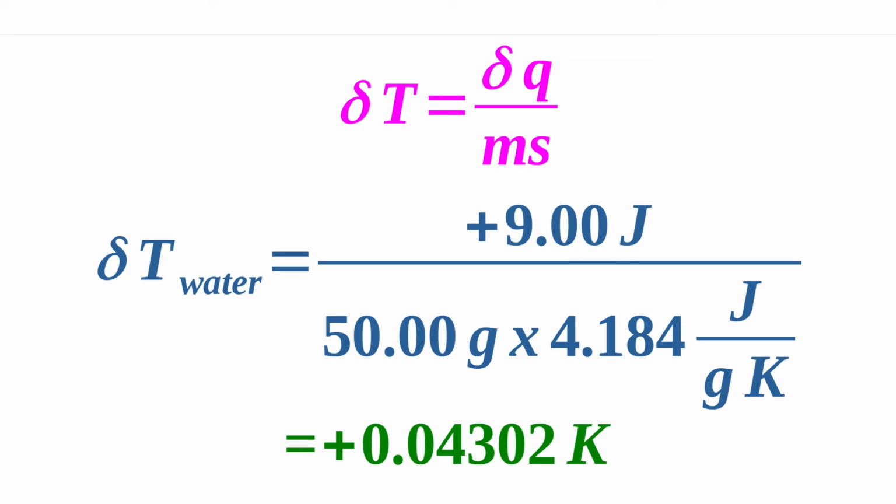The magnitude of del T for water is smaller than that for aluminum, although the mass of water is smaller, because it takes only 0.900 joule of heat to change the temperature of aluminum by 1 Kelvin, whereas a much larger amount of heat, namely 4.184 joule, is needed to change the temperature of water by the same 1 Kelvin.